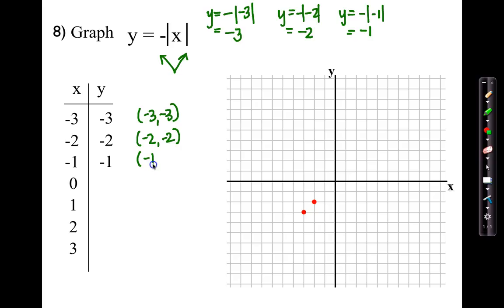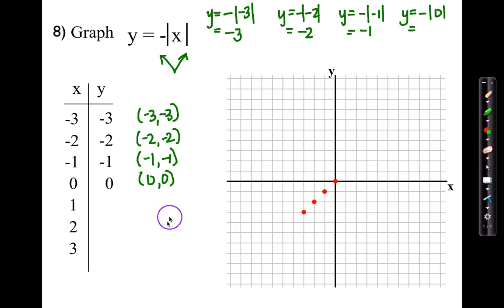So I'm going to go ahead and write down that ordered pair and then plot that point. Next, y equals the opposite of the absolute value of 0. The absolute value of 0 is 0. Take the opposite of that. There's no such thing as -0, so it's just 0. So you're going to have 0, 0. So this one goes through the origin, which makes sense since there isn't a constant here.